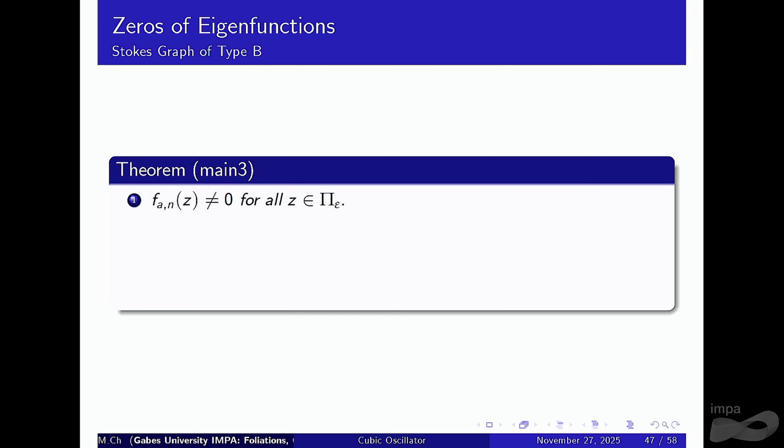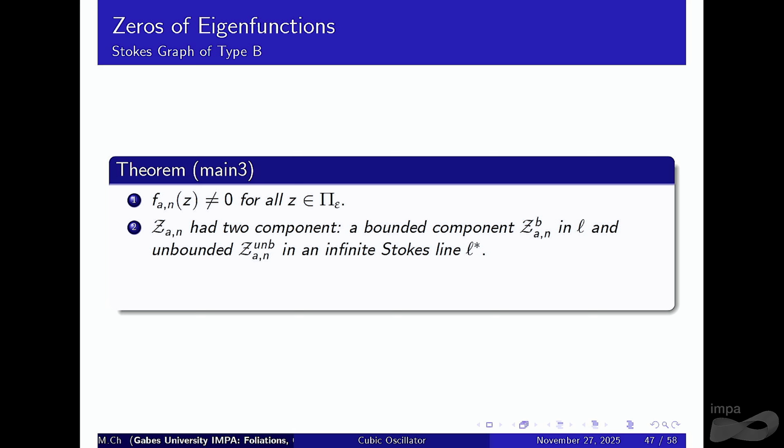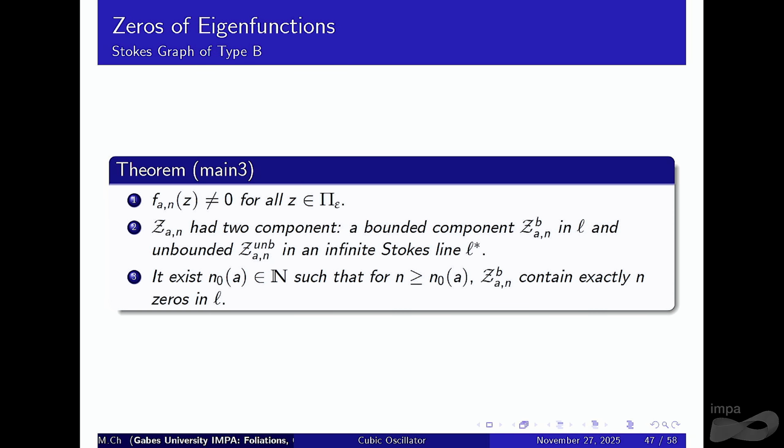So this set has two components: a bounded component in the short finite Stokes line and an unbounded one in the infinite Stokes line. For large n, which depends on A, the set will contain exactly n zeros, which is analogous to the classical Sturm-Liouville problem.